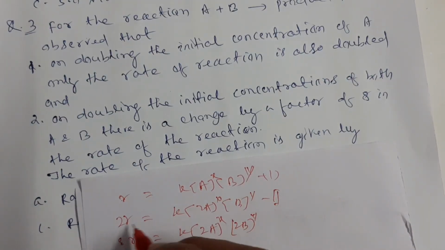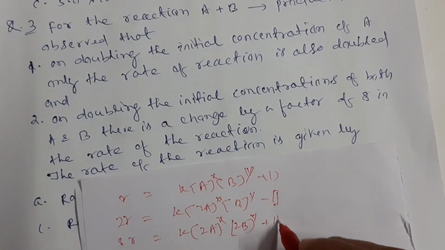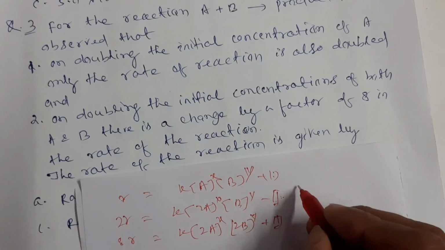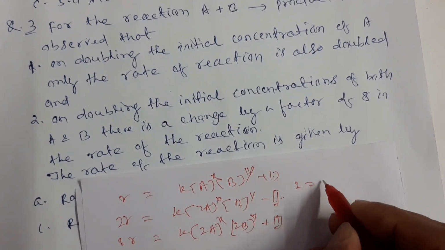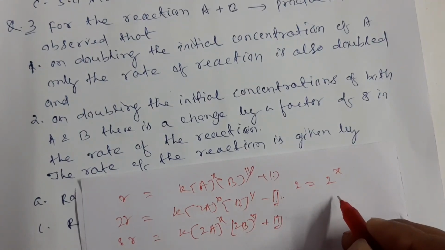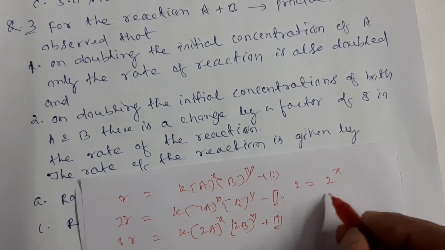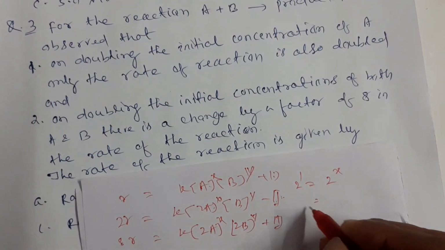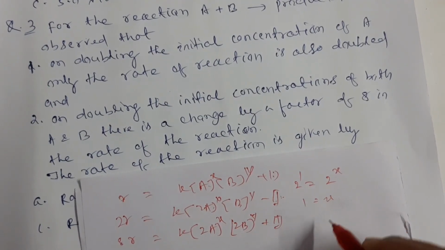When you take 2 by 1, you will get 2 is equal to 2 to the power x, so x is equal to 1.